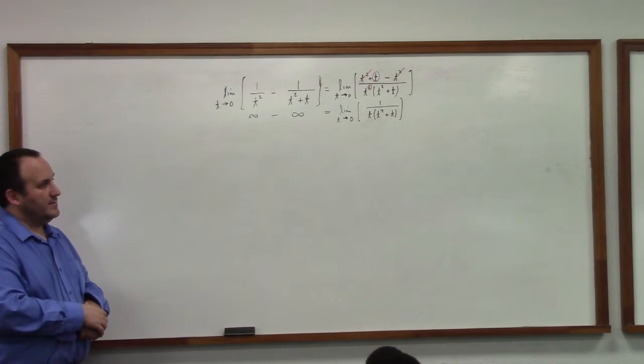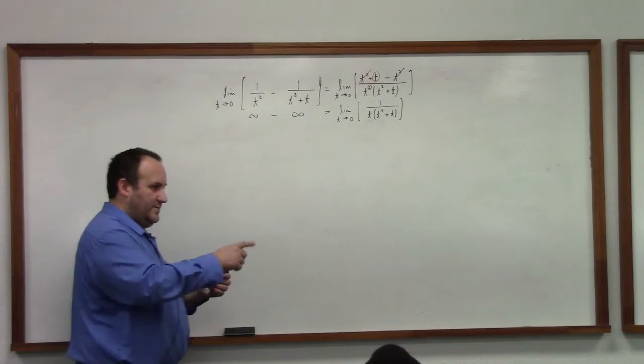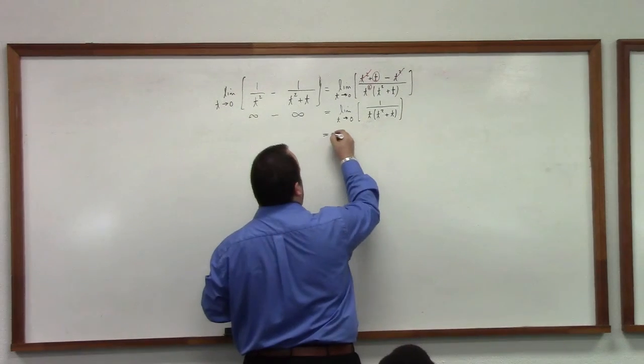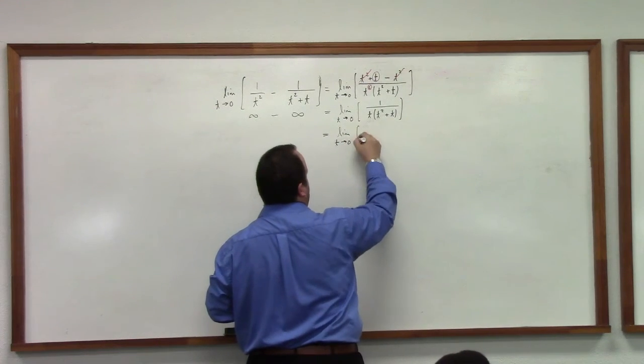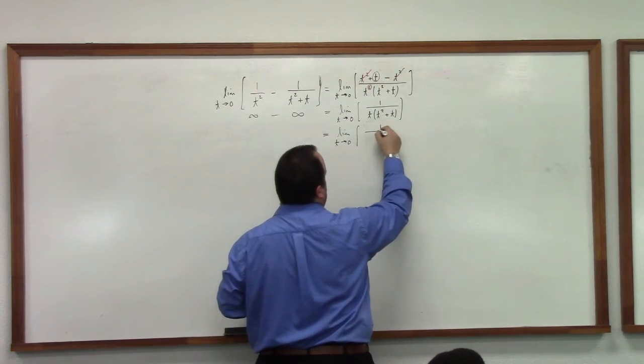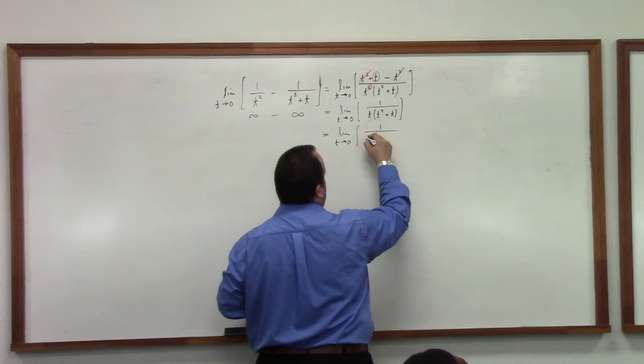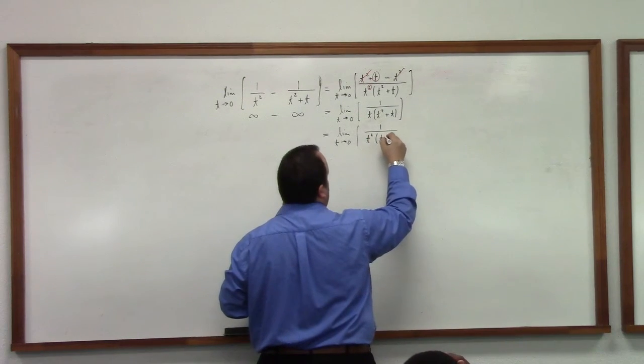Now, I guess, yeah, you know what? Here, I think we can actually graph. I was kind of scared to graph by hand, but now that you mention it, this is 1 over t squared times t plus 1, right?